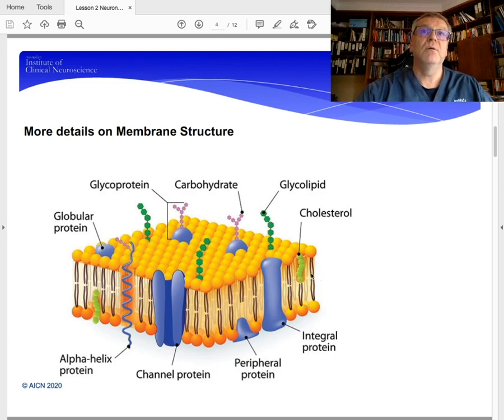So that cholesterol is, even though lots of times we think cholesterol is bad because we're thinking about cholesterol in the bloodstream, cholesterol in the membrane is actually an essential component. So we just remember that cholesterol isn't all bad. It has very meaningful and necessary functions when we're talking about cell membranes.